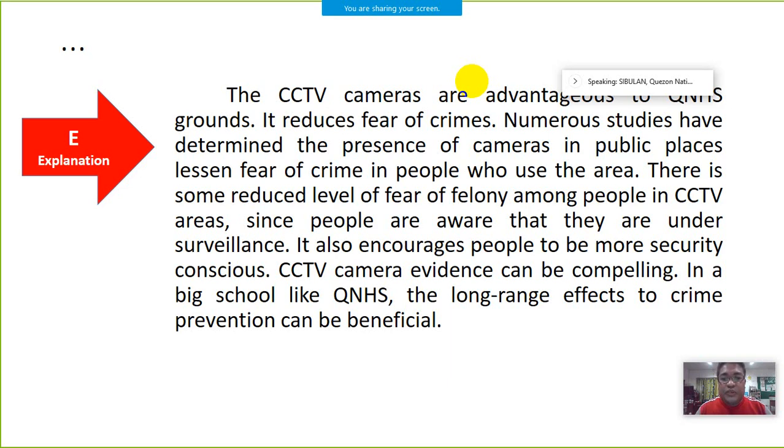There is some reduced level of fear of felony among people in CCTV areas since people are aware that they are under surveillance. It also encourages people to be more security conscious. CCTV camera evidence can be compelling too. In a big school like QNHS, the long-range effects to crime prevention can be beneficial. So that supports the position that there is really a need for CCTV installation.